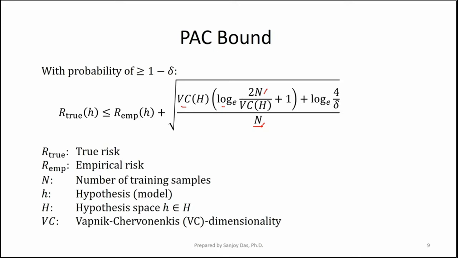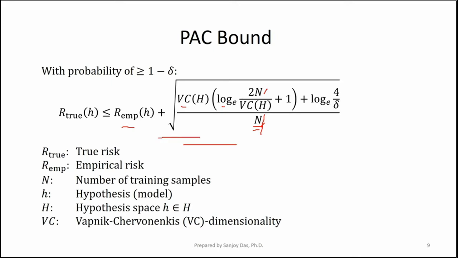And let's look at the role of the sample size N. N is the number of samples. So what happens is, as the number of training samples increases, the second term becomes lower, and so the true risk is upper bounded by the empirical risk plus a smaller quantity.